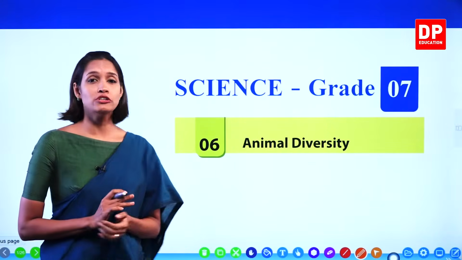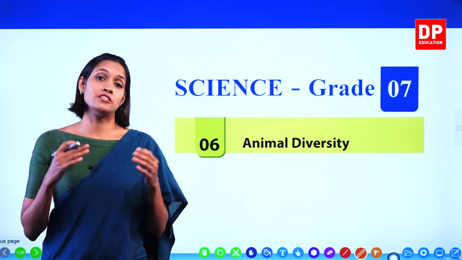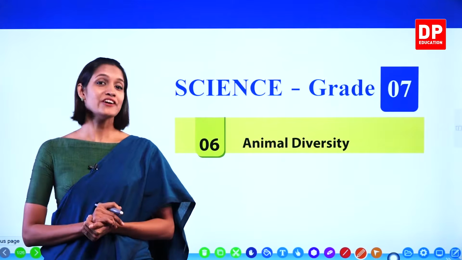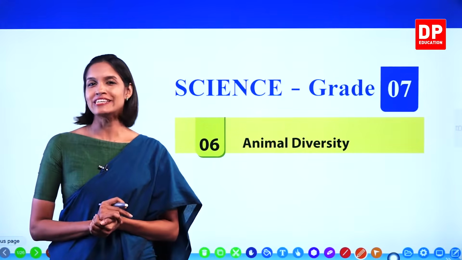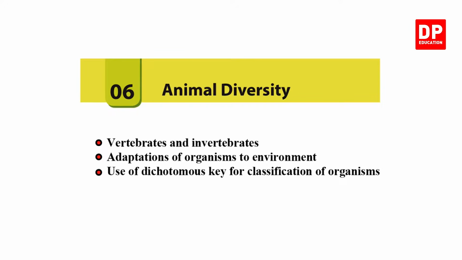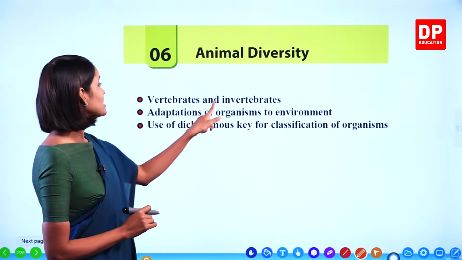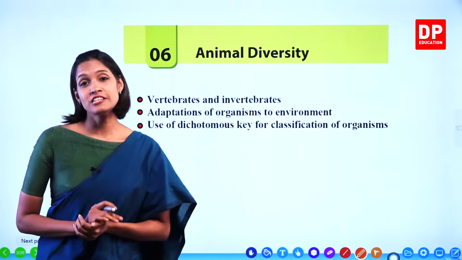So under this we are going to learn there are so many differences between animals based on the things they eat, based on the way they locomote, etc. Okay, so we will see what are the topics that we are going to learn under this lesson. Right, look at the first topic, vertebrates and invertebrates. Now I told you diversity means differences.